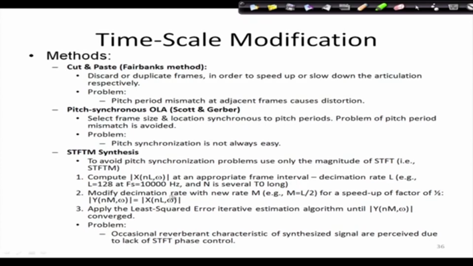Then modify the decimation rate with the new rate M equal to L by 2 to speed up by a factor of half, and then take the inverse transform and estimate the signal. So STFTM I can use for time scale modification of the speech signal.